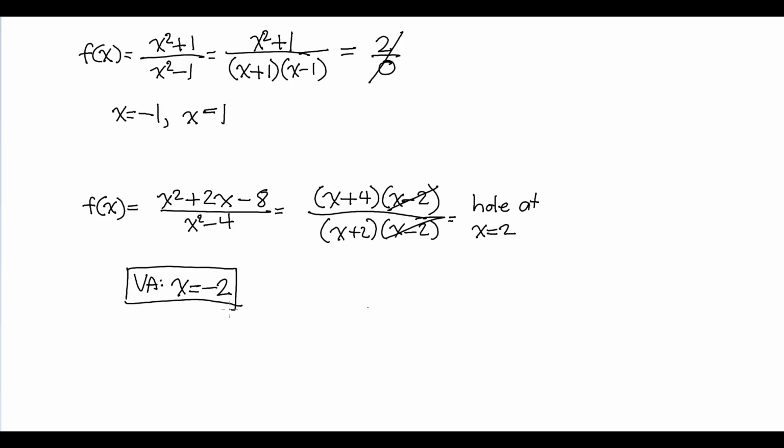Let's do one more. These infinite limits are useful to find these vertical asymptotes. So let's find the vertical asymptotes of f of x equals x over the sine of x.